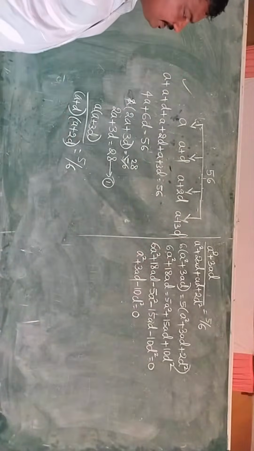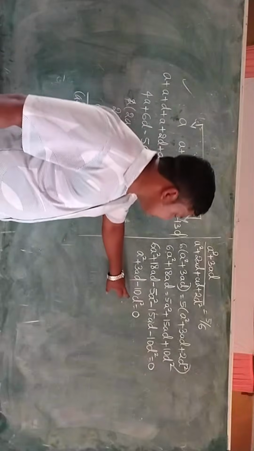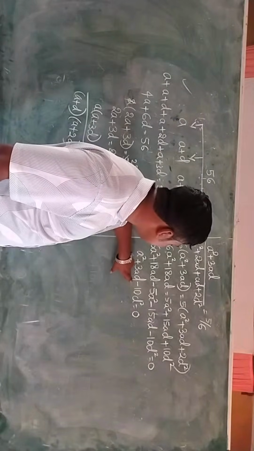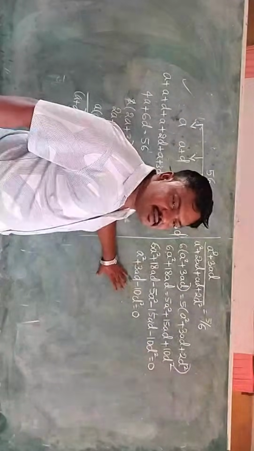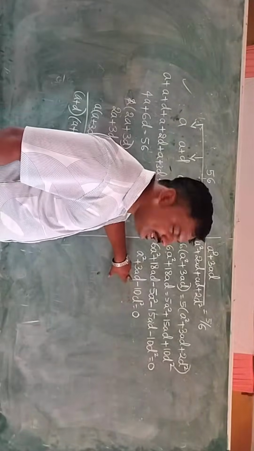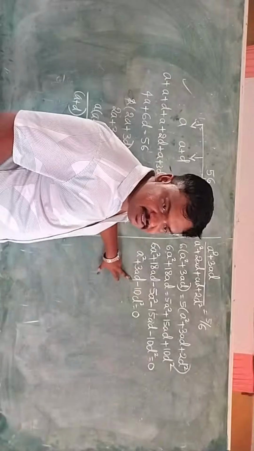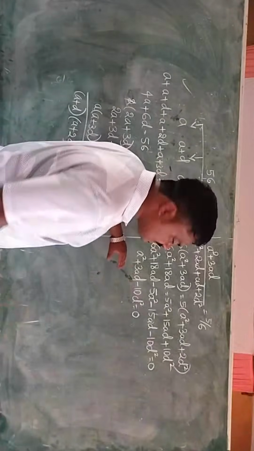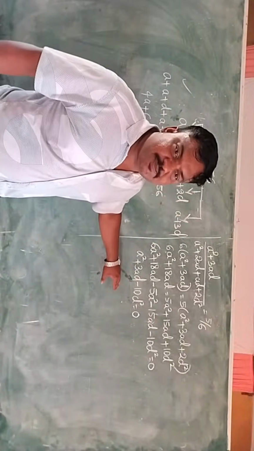Okay. Here, this d square and d, I can treat it as a constant term. So this equation is in the form of ax square plus bx plus c.